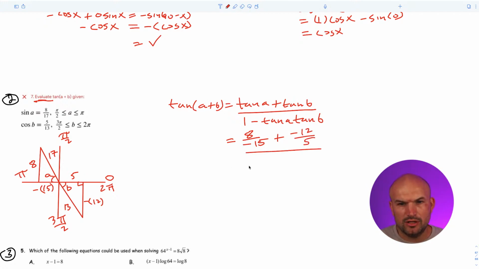I'll just put the negative on the bottom, but it doesn't really matter where the negative is. Okay, so now let's go ahead and simplify this.